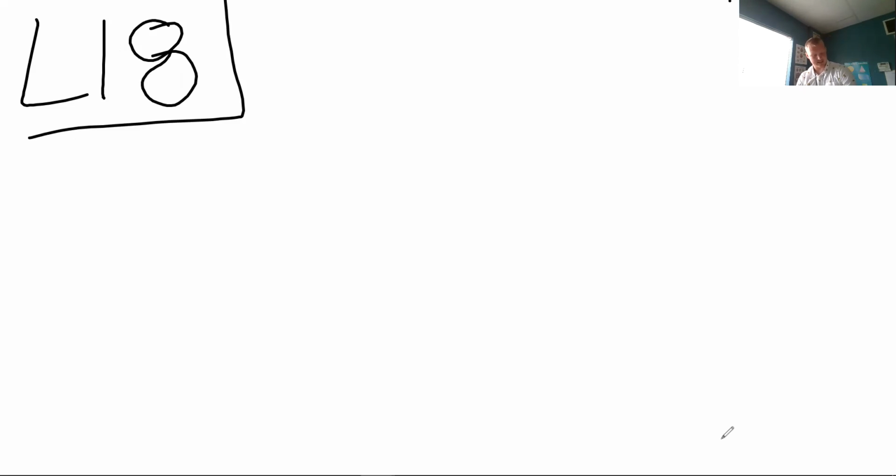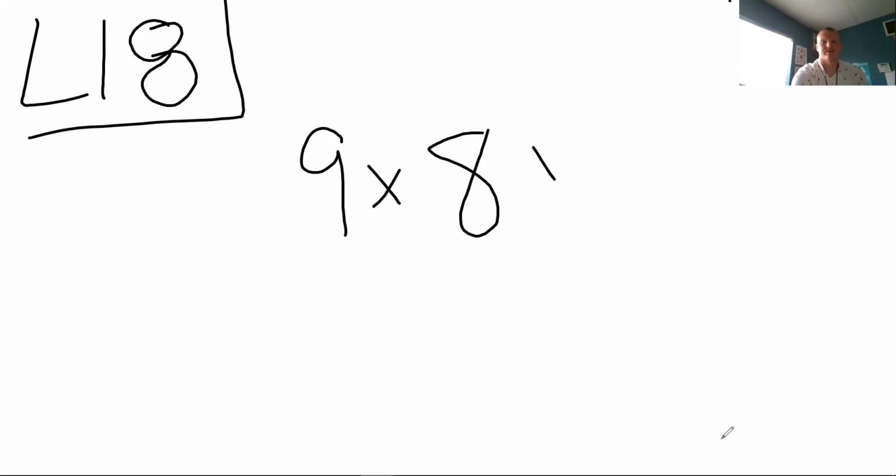All right, lesson 18. So in this lesson, we will learn how to multiply three numbers together. Yay. So remember that numbers multiplied together are called factors. So if I have 9 times 8 times 7, each one of these numbers, so the 9, that's a factor.